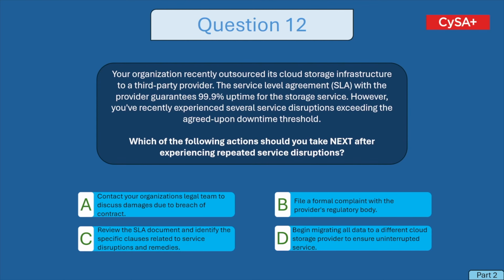So the best one for this scenario would be C. Within the SLA, it will talk about the accountability that they have to adhere to. All the other options are a bit extreme as a next step, which is what the question's asking, so I'm going to go with C.